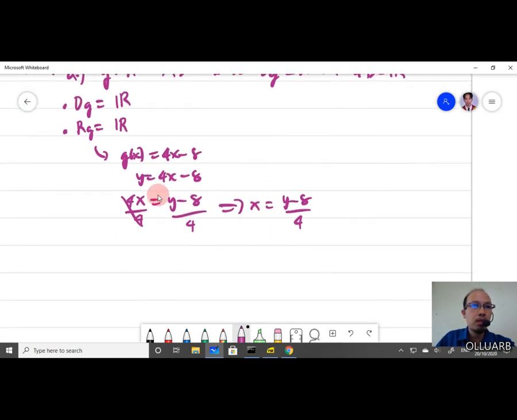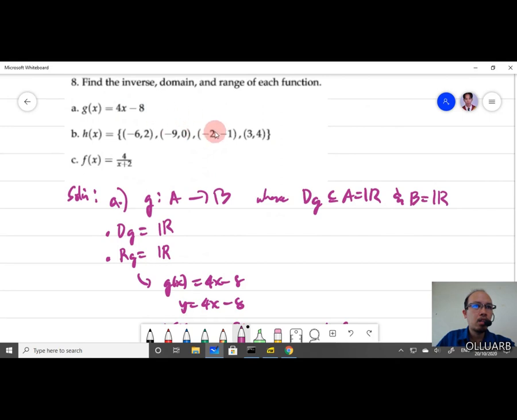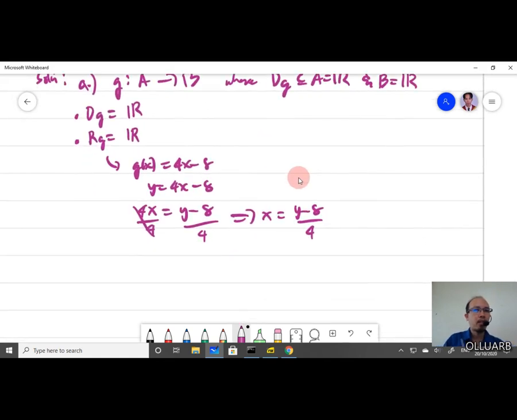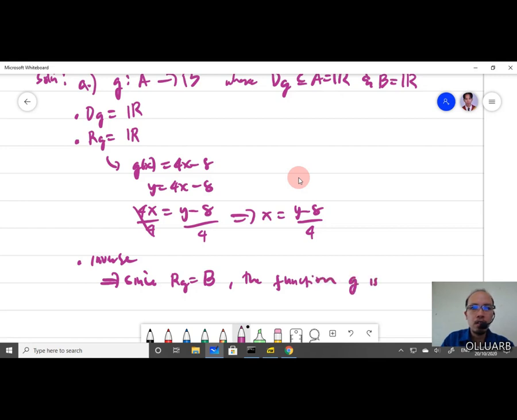Okay, so therefore the inverse of this function g exists. Since the range is equal to the codomain, the function g is onto.